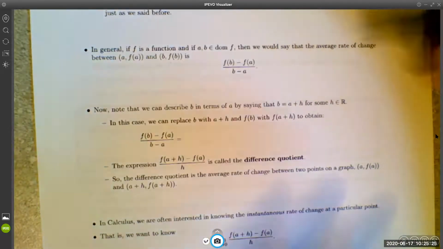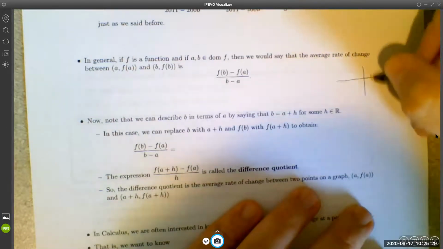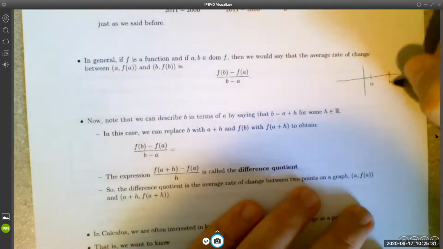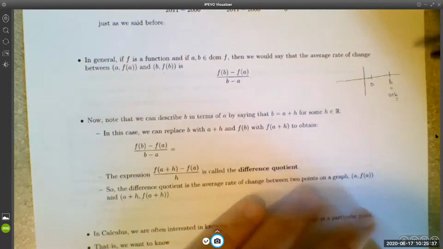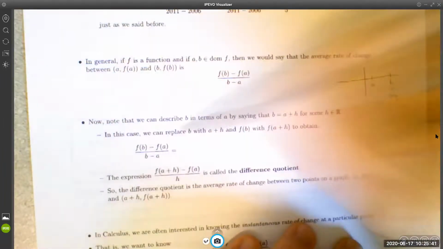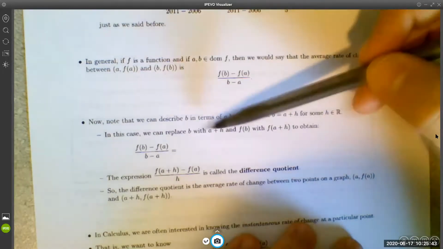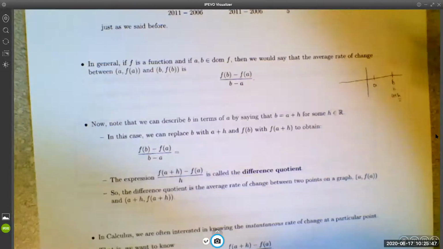So in other words, if a is here and b is there, then you can just say that b equals a plus h for some value h. So if we replace b with a plus h and f of b with f of a plus h, then we obtain this.